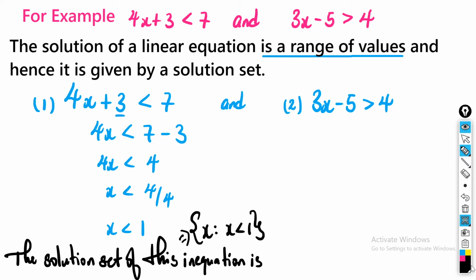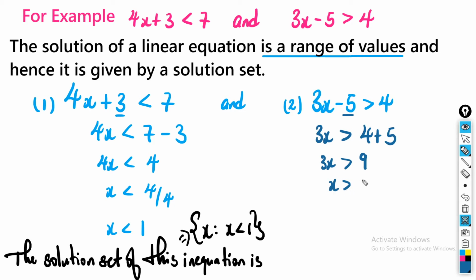So let's solve the second one here. I'm going to use a darker blue in this case, and we're going to have 3x is greater than 4 plus 5, because we carried the negative 5 to the right-hand side. We end up with 3x is greater than 9, and we're going to divide both sides by 3.